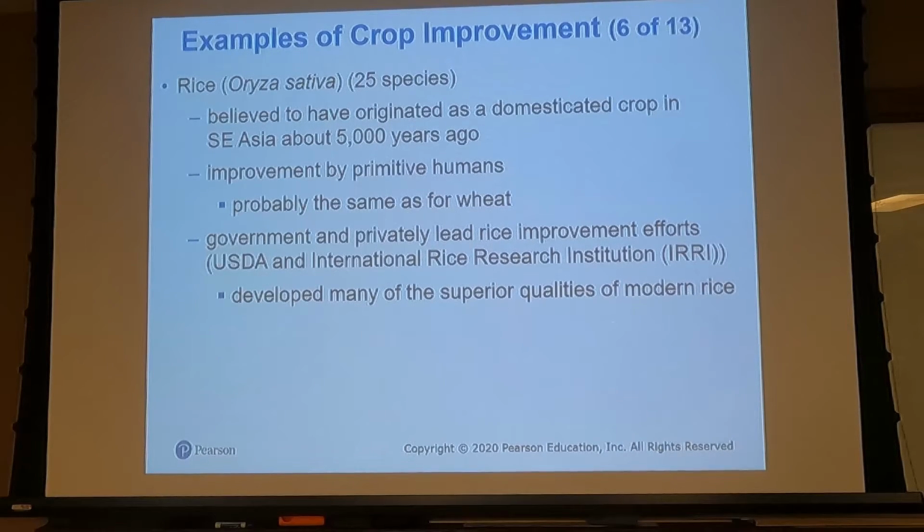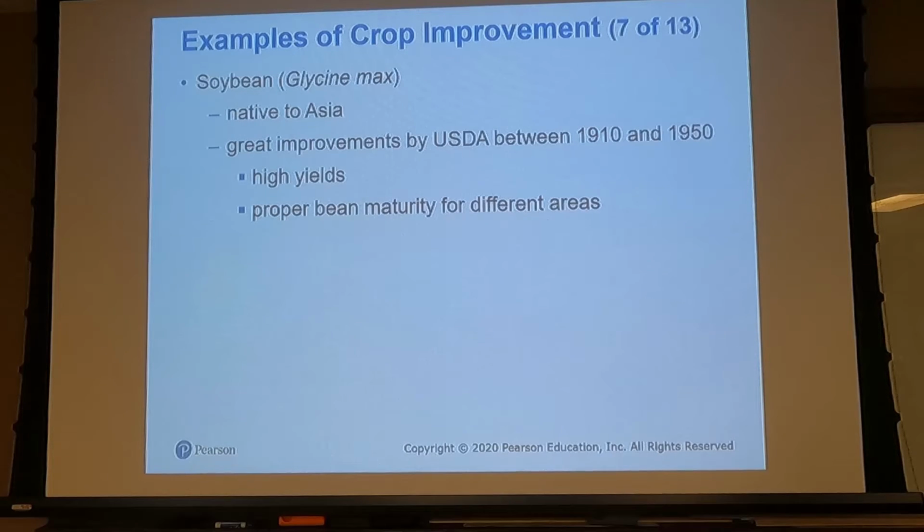We're doing a lot of work in rice because it's the largest selling grain in the world. So we have developed some of those superior qualities through work done with the USDA and the International Rice Research Institute. We have soybean that was once native to Asia, but now is grown a lot in the United States and in South America and Brazil.